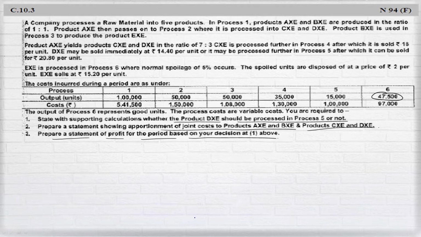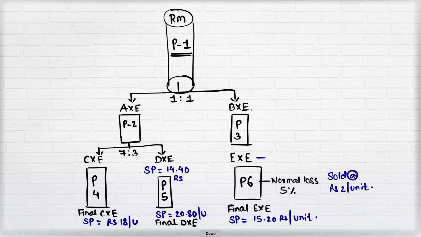Question understood is half question solved. Why is there no selling price of AXE? It should be compulsorily further processed. There is no option to sell it at the split-off point, right? Why is there no selling price of CXE? I'm not talking about final CXE. It should be compulsorily processed in process 4.